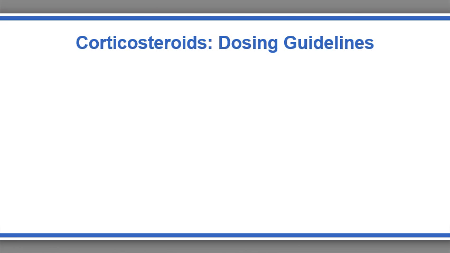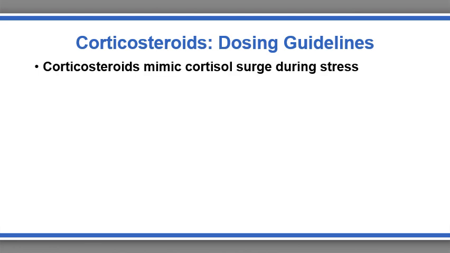Looking at dosing guidelines, it's going to be very variable depending upon what the patient is being treated for. It really depends on the treatment and the response of the patient. The idea is corticosteroids will mimic the cortisol surge during stress. So if somebody is being treated with corticosteroids, they may even get extra doses during times of acute stress, so that you're mimicking the body.